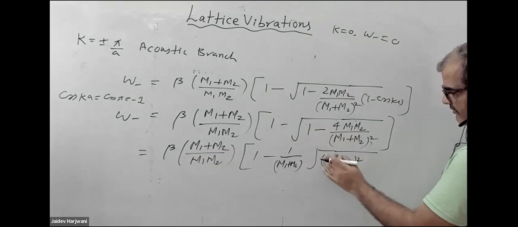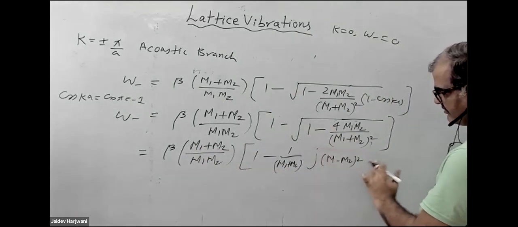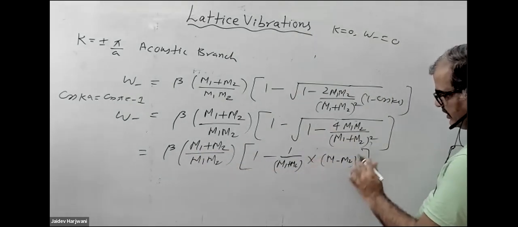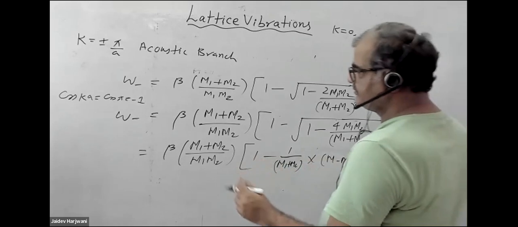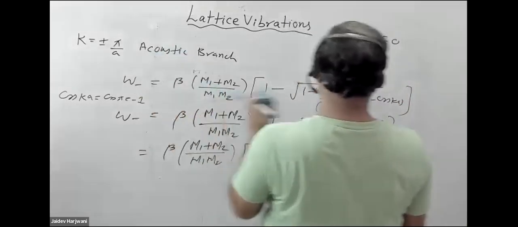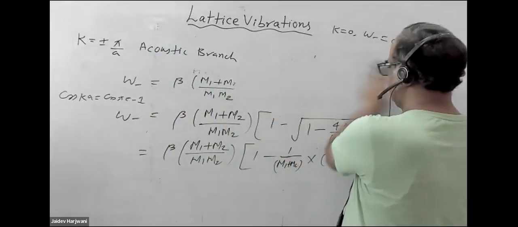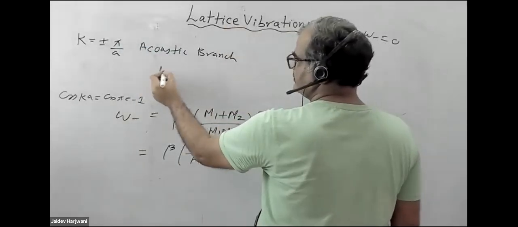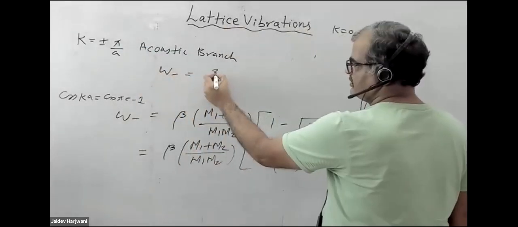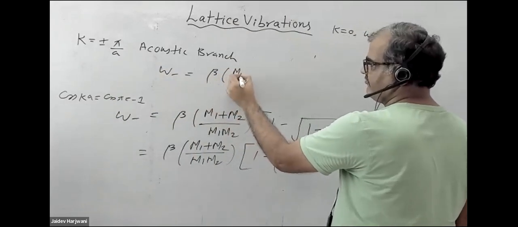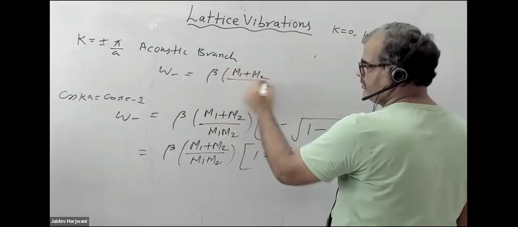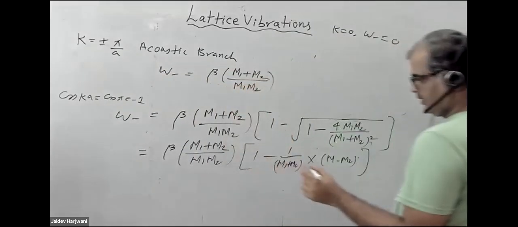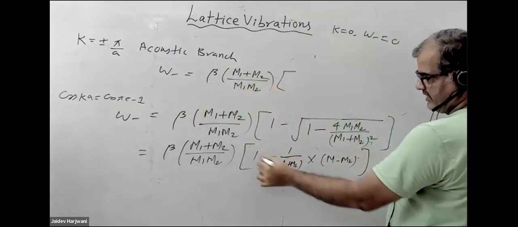If you open this one, this will become m1 minus m2, and if you further solve this one, this is beta (m1 plus m2) upon m1 m2, so this will come m1 plus m2, minus m1 minus m2, upon m1 plus m2.